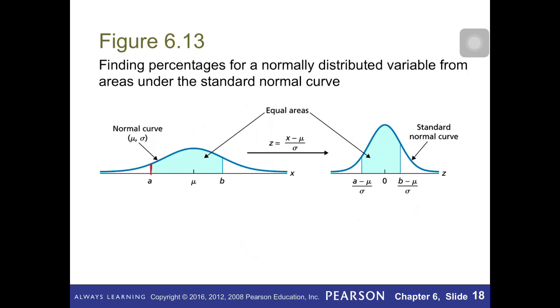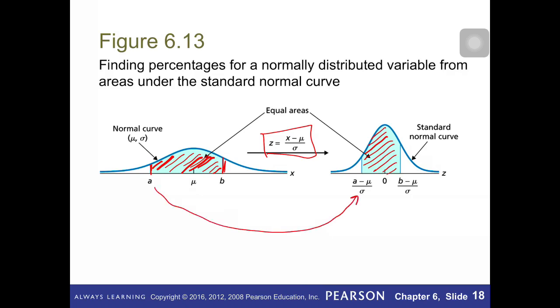If we have these two values a and b, you can use this transformation equation and convert everything inside these two values into this area. See, a becomes this value by using this, and b becomes this value by using this equation. At this point x is b, so it becomes b minus mu over sigma.